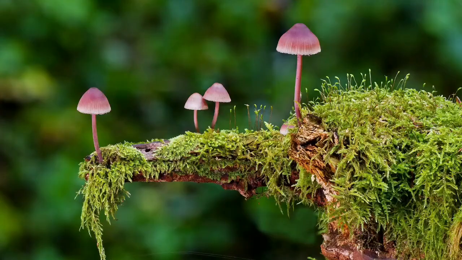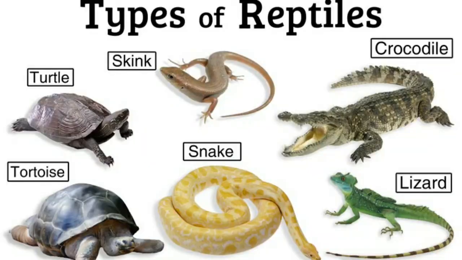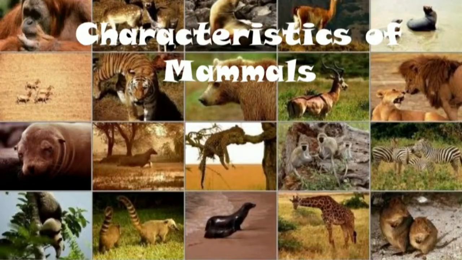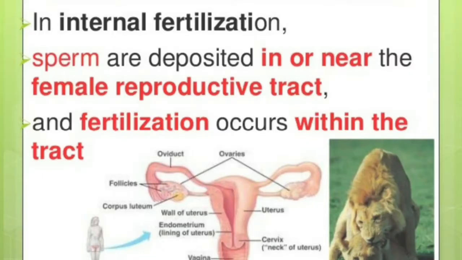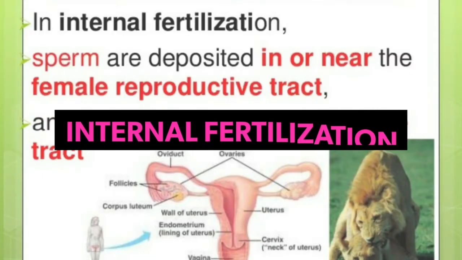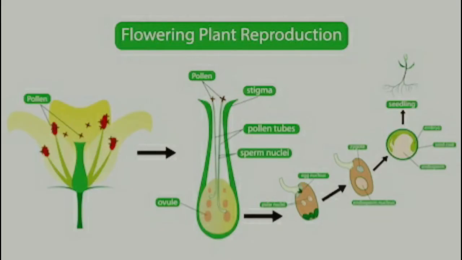In organisms like fungi, bryophytes, pteridophytes, as well as reptiles, birds, and mammals, syngamy occurs inside the body of the organism. Hence, the process is called internal fertilization. In this process, the motile male gametes reach and fuse with the egg.